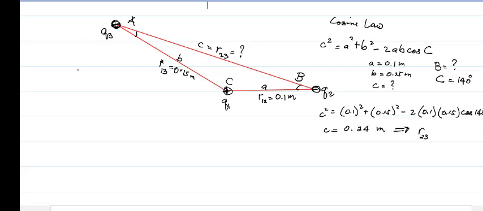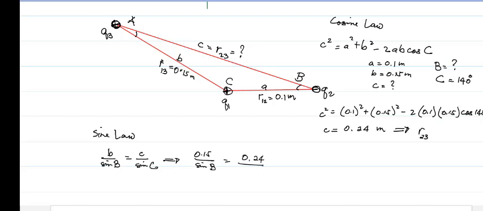In this case, let's apply the sine law. From the sine law equation, B over sine B is just equal to C over sine C. Thus, substituting the values, we have 0.15 over sine B equals 0.24 over sine 140.